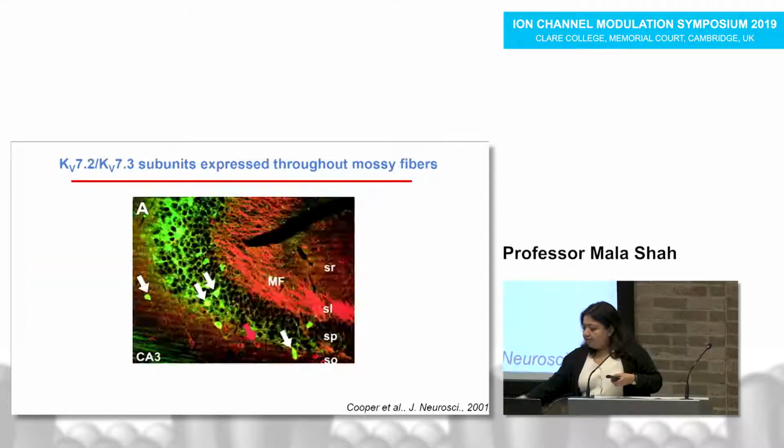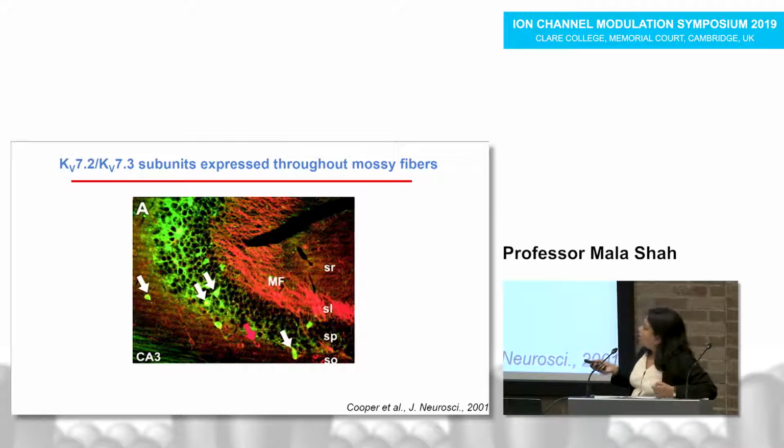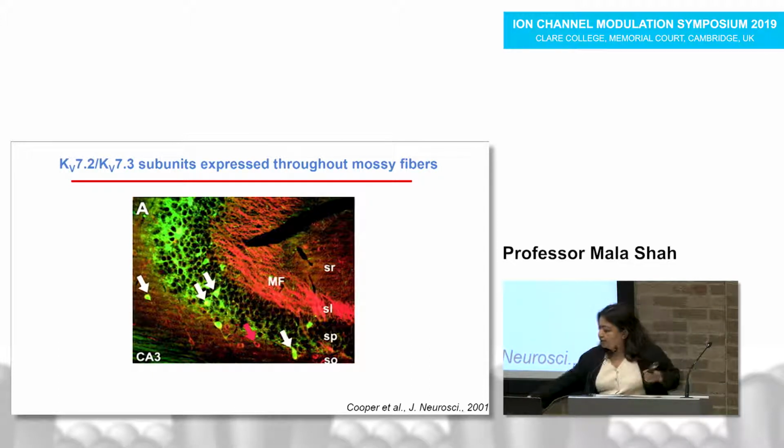In fact, early work by Ed Cooper when he was in Lily Jan's lab showed that these Kv7.2, 7.3 subunits were present throughout the mossy fibers, throughout these unmyelinated fibers. One of the features of these is that you have giant axon terminals onto CA3 pyramidal neurons, which you can actually patch.